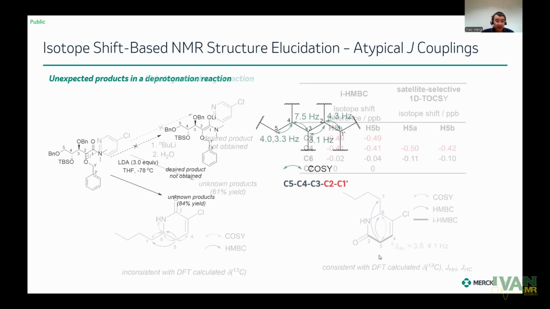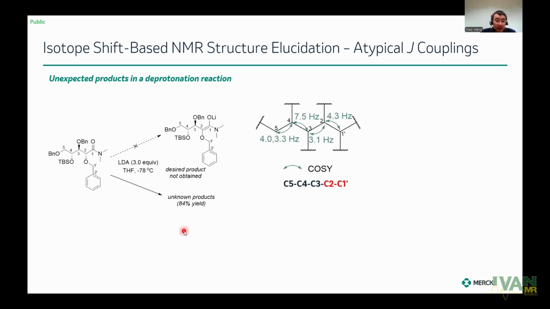So this is my last example. It's also a side reaction, an unexpected reaction. This is a modified linear sugar moiety, and we want to deprotonate the alpha position and run derotation on it. But the deprotonation was not successful, and we observed another unexpected product formation.